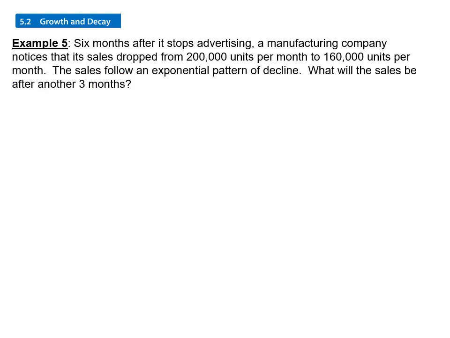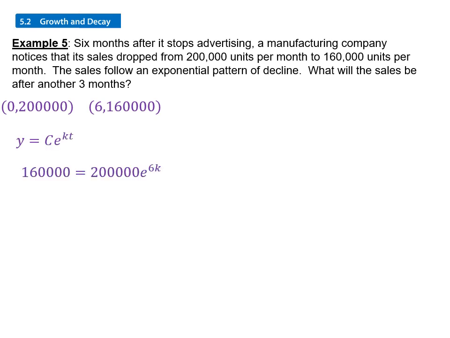Okay, 6 months after it stops advertising, a manufacturing company notices its sales drop from 200,000 to 160,000. The sales follow an exponential pattern of decline. What will it be after another 3 months? So in a total of 9 months. Got our first ordered pair. And we know it's exponential.